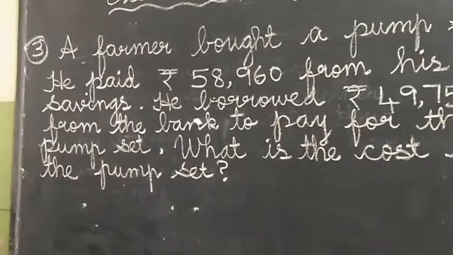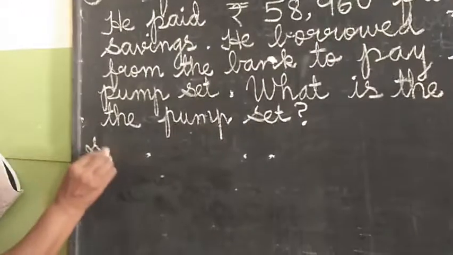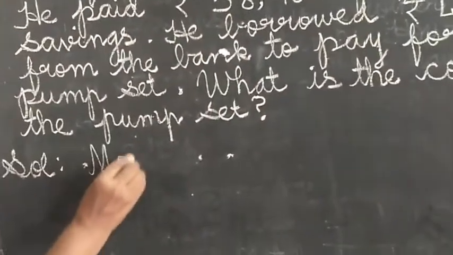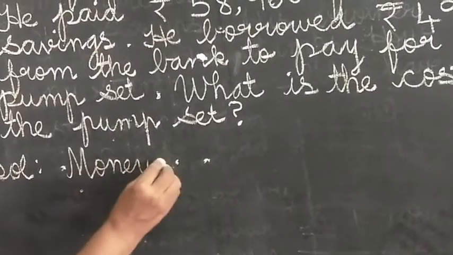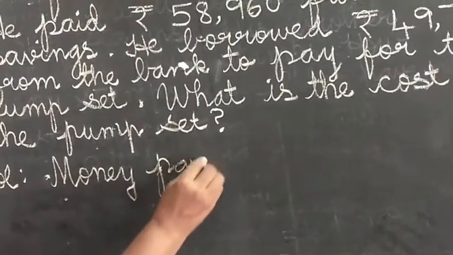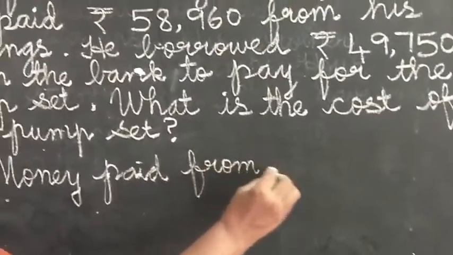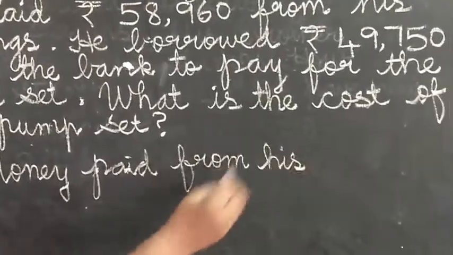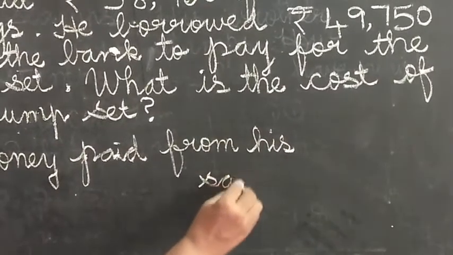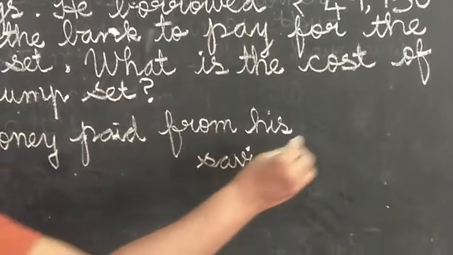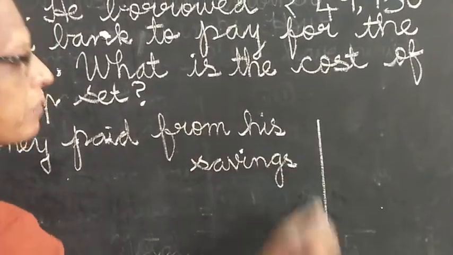Okay, children. Now, money paid from his savings. See, the equal sign should be in the same line, like this.